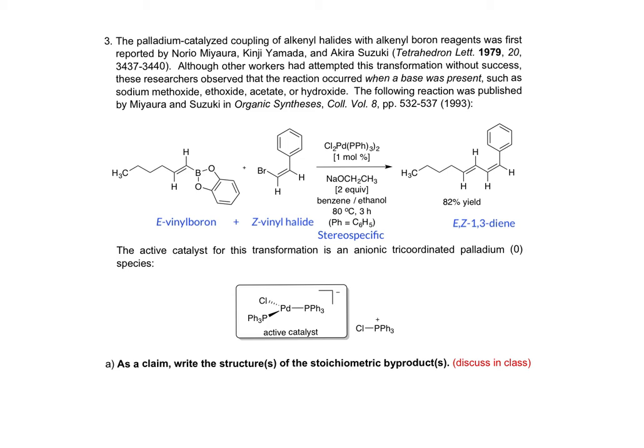As described in the previous video for the Heck reaction, the Suzuki reaction also typically uses a palladium-2 complex as a pre-catalyst, which under reaction conditions generates the active catalytic species in the palladium-0 oxidation state.